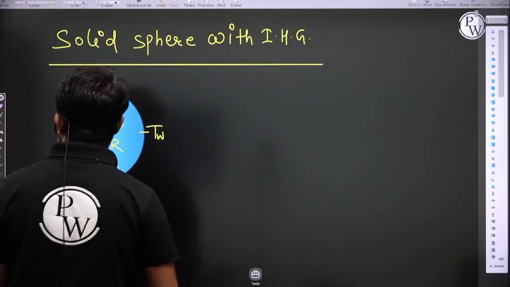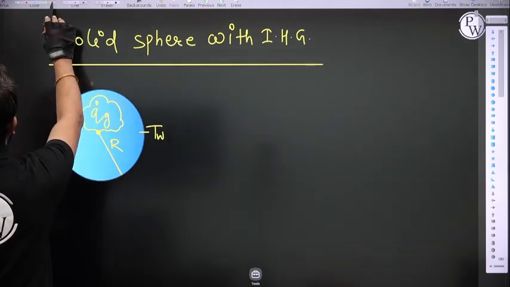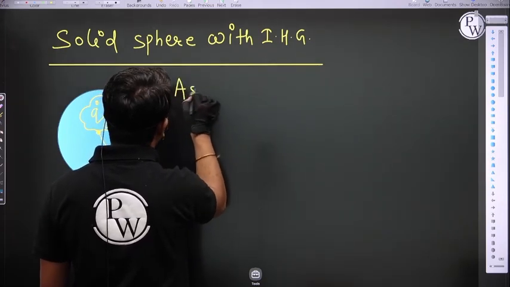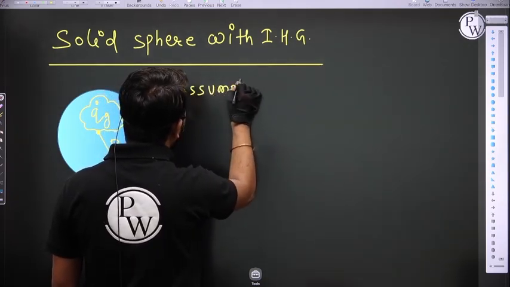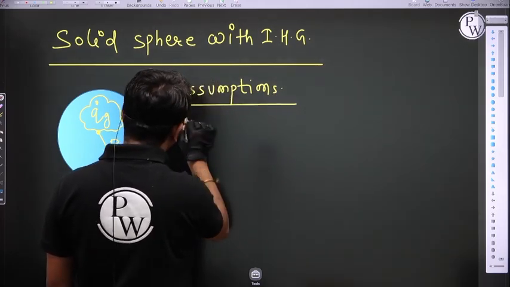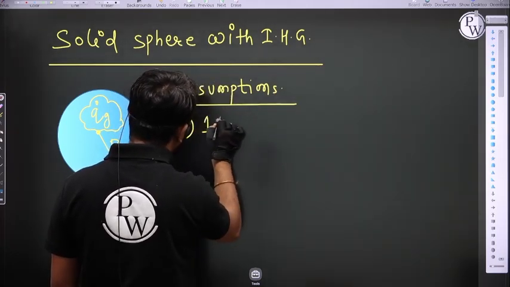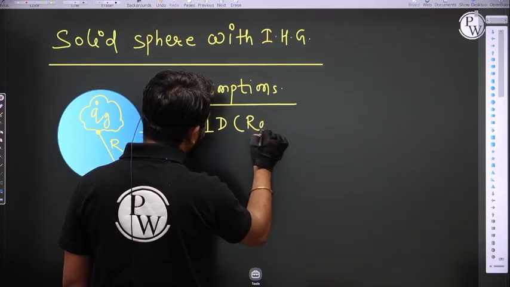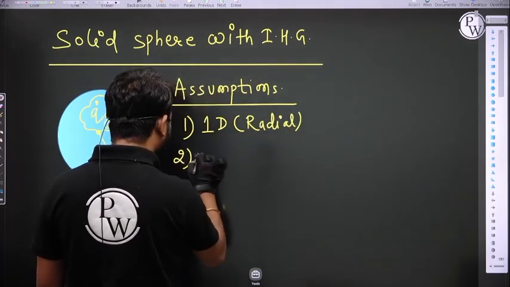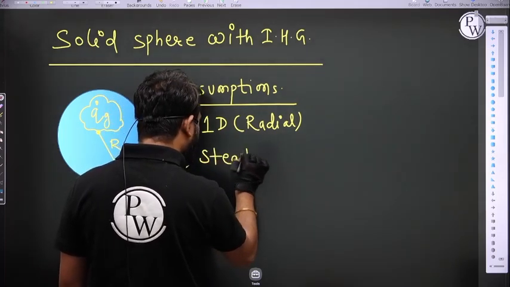So what are the assumptions? Write the assumptions first. The first assumption is one dimensional, and in one dimension the direction is radial. The second assumption is steady state.